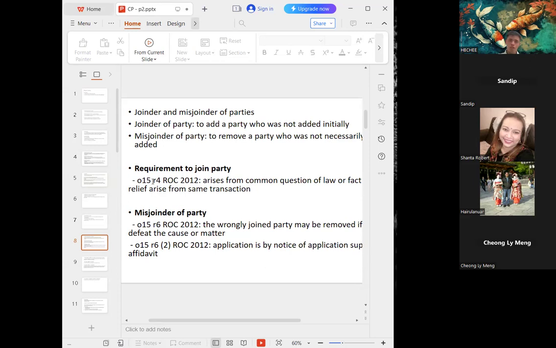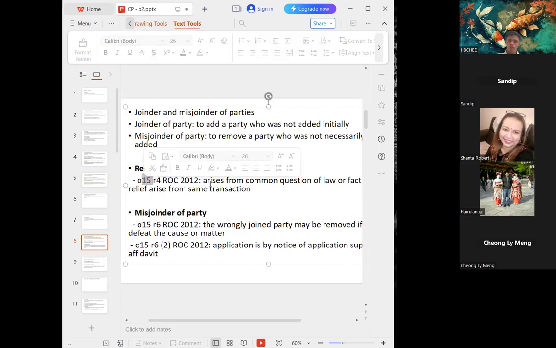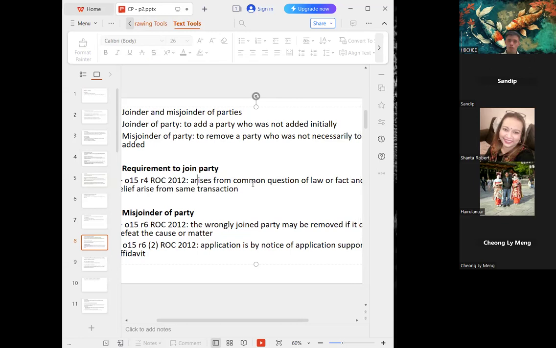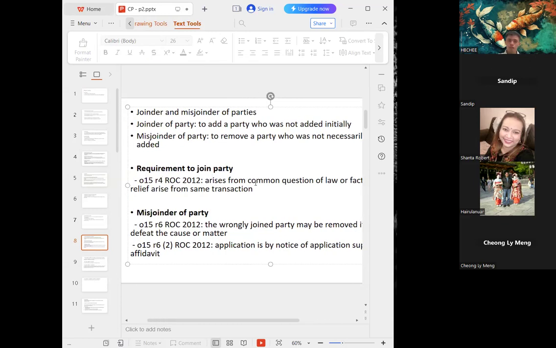This is given under your Order 15, Rule 4. There must be the same question of law or fact, and the relief arises from the same transaction. In another way, it must happen in the same series of actions. You cannot be like, oh, you add the whole kampong masuk lah.